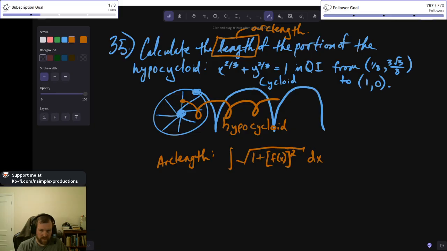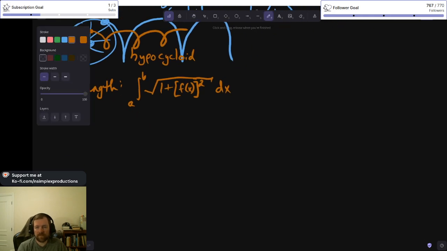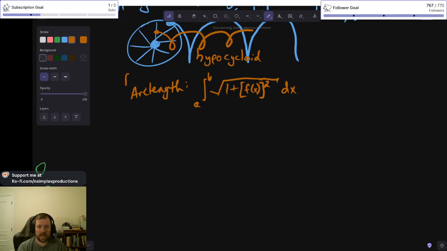So if we were to attempt this, this is also only going to work with rectangular coordinates. And you notice that this does have to be a function of x. So if this thing ends up looping back on itself, this is not going to work. We're not going to be able to do this at all.